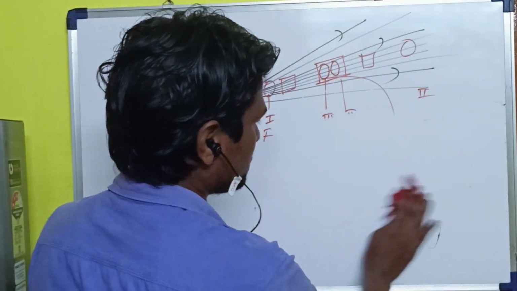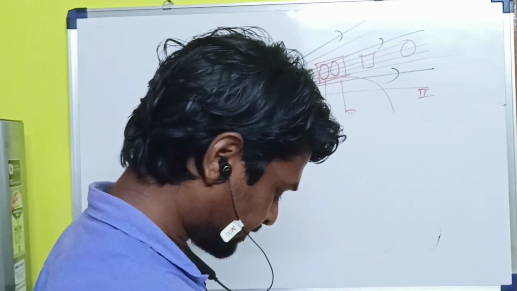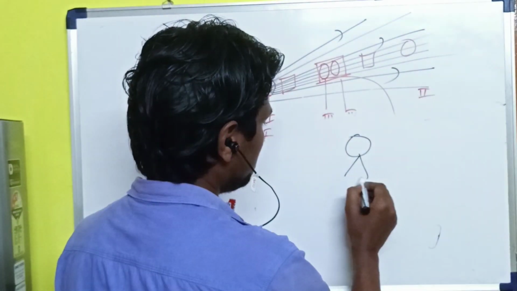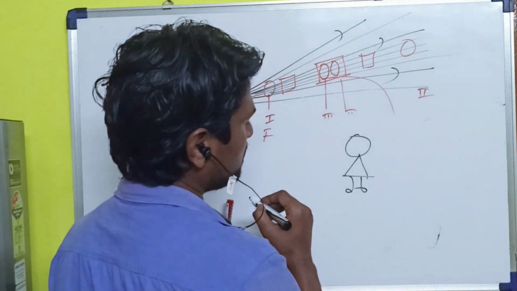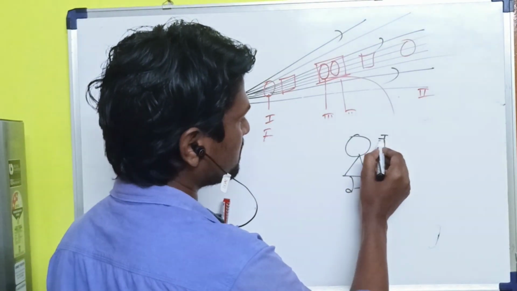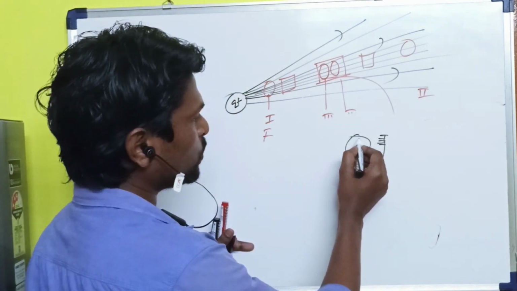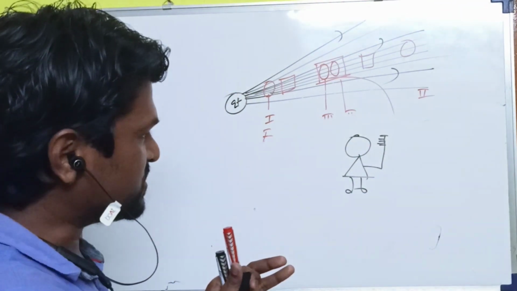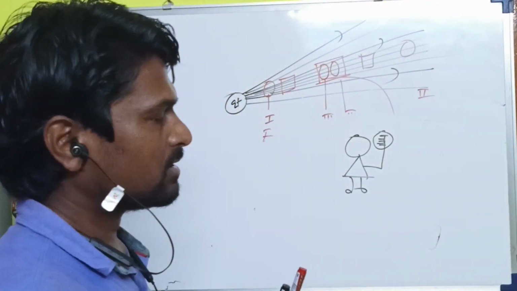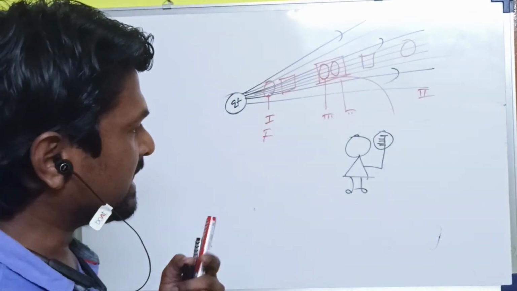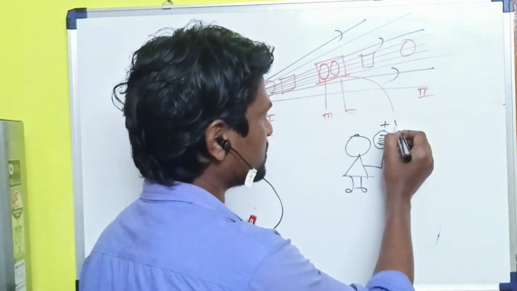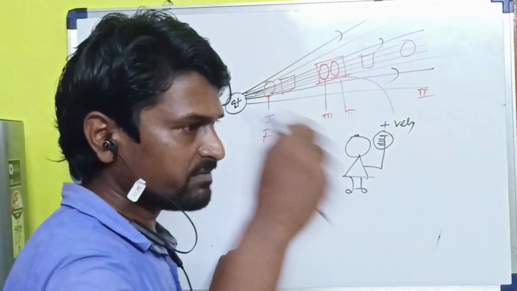Suppose this is a boy, and when he runs a comb over his dry hair, it loses some electrons, so the comb is positively charged.